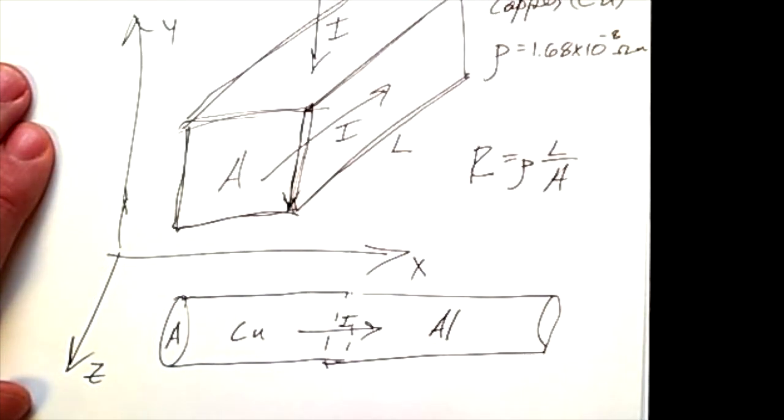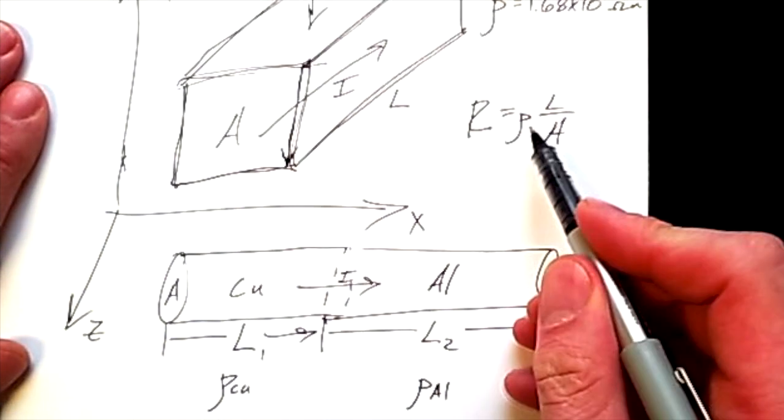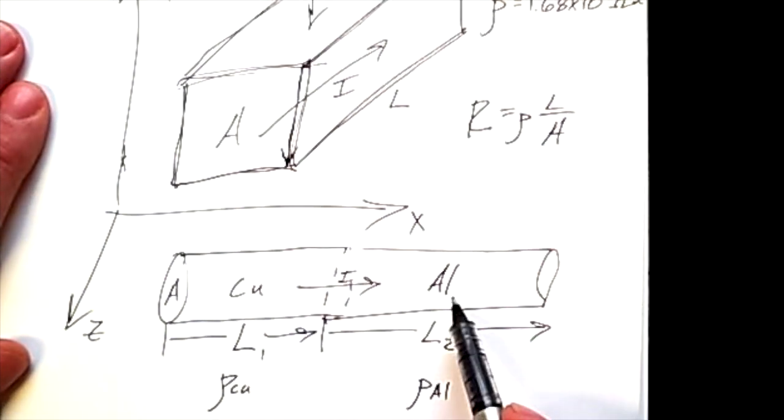But if I'm switching from copper to aluminum, then the physical length for the copper would be here, call that L1, only to where the transition face is between the copper and the aluminum. And then the secondary length, L2, would be here through the aluminum, which means that a composite wire like this that's made of two materials would have a resistivity due to the copper and a resistivity due to the aluminum. So even though the dimensions stay the same, the resistance changes as we transition from copper to aluminum.